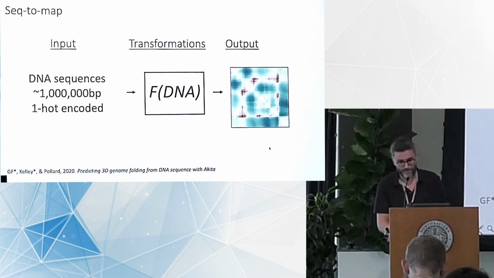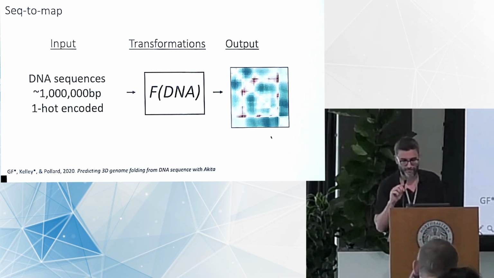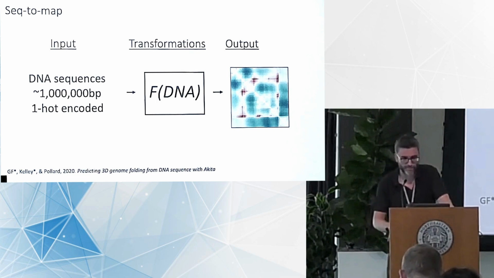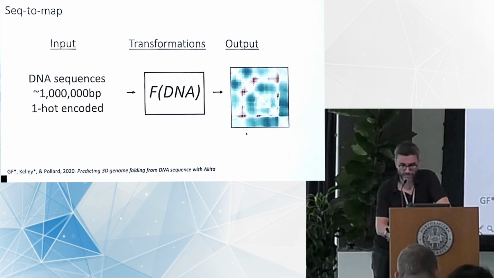And you'll notice here, instead of the fall color map that Sasha was showing us, this is a blue to white to red color map because we are predicting the contact frequency pattern after removing the effective genomic distance. And they were actually predicting the log of that. That turned out to work well in practice. There might be ways to predict the observed data, but it worked well in practice to predict this pattern after genomic distance dependence has been removed.